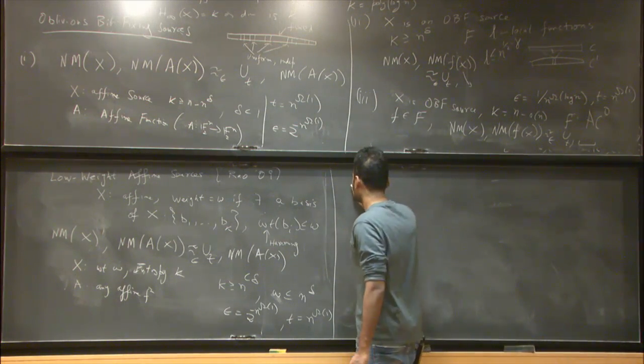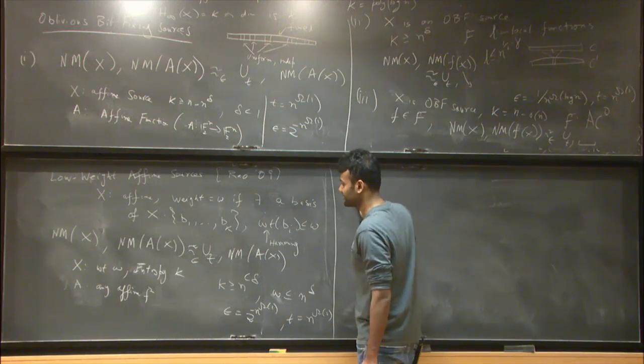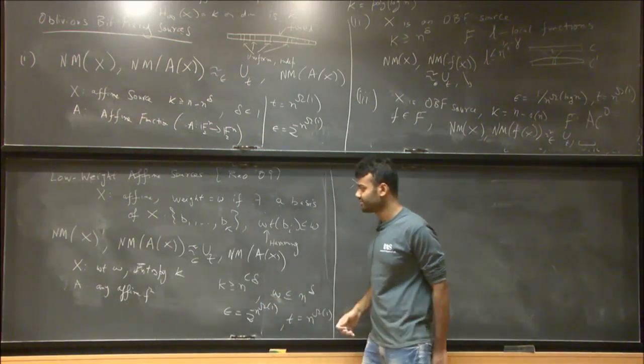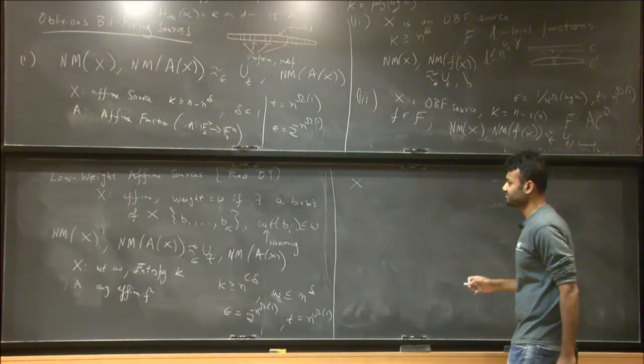So we start out with X, which has these nice properties that it has bounded weight and has min entropy.